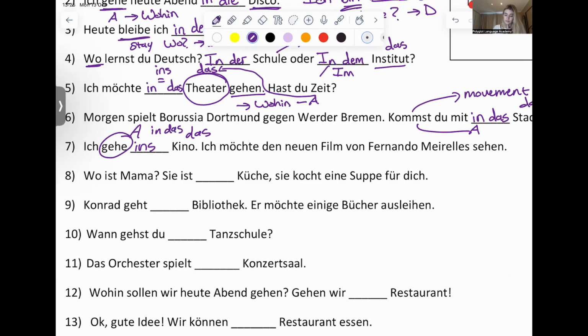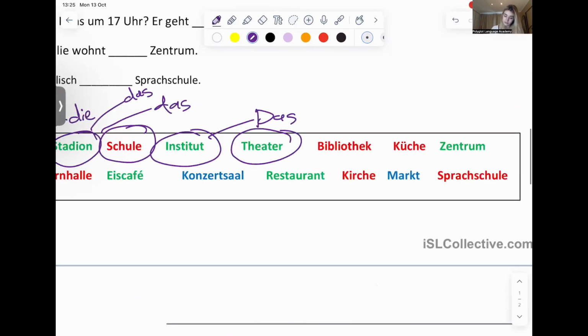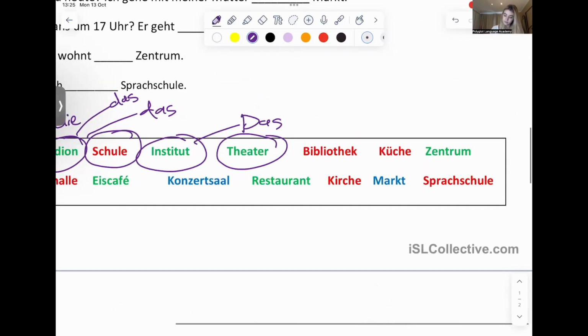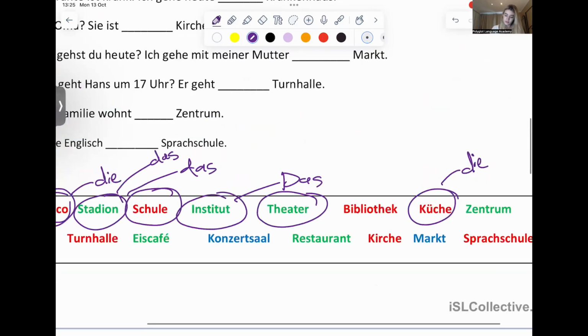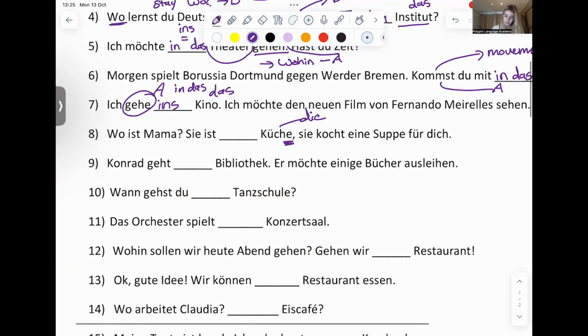Wo ist Mama? Sie ist Küche, sie kocht eine Suppe für dich. Okay, so Küche ends on an E, so it's probably die, aber let's double check this. Küche, die. Ja. Okay, also Mama ist, we want to say the mom is in the kitchen.